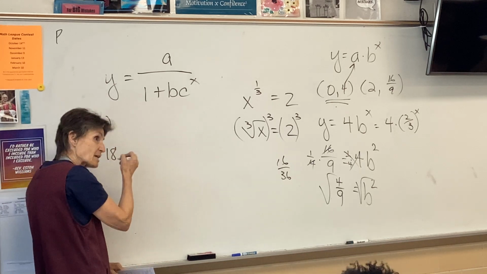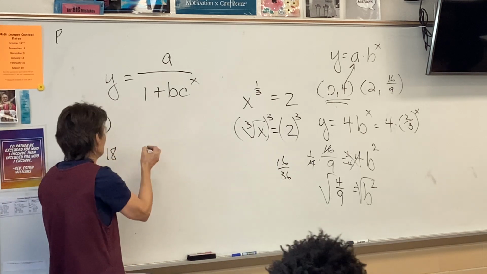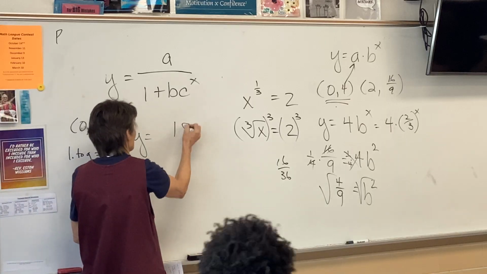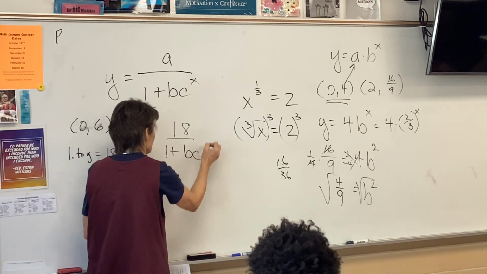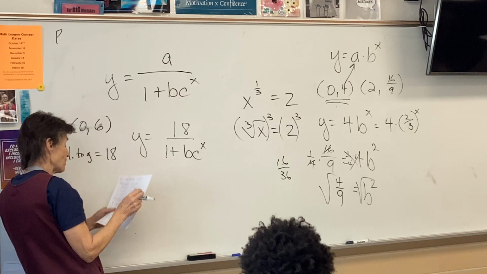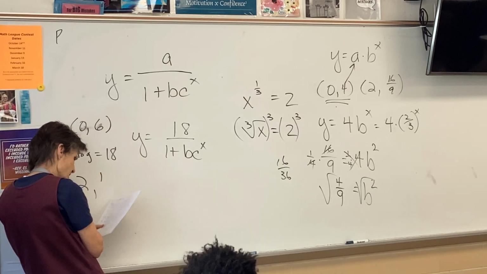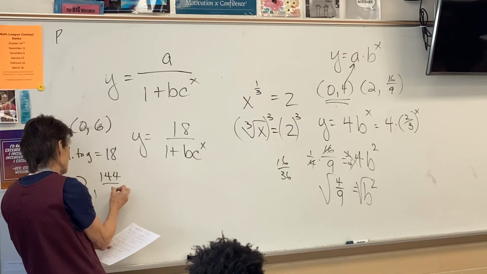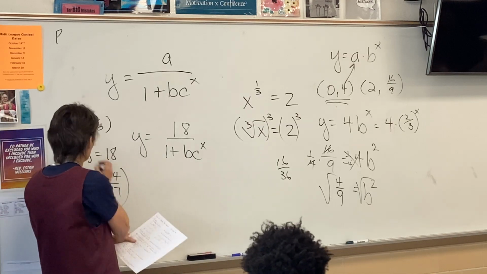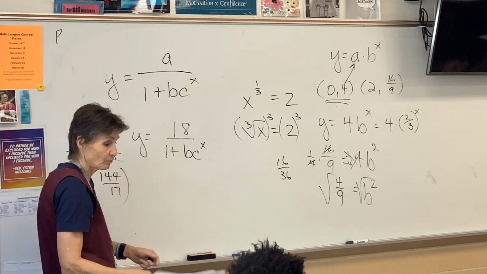Anybody remember where that shows up? That's A. And I have a random point, (2, 144/17). All right, so I took care of my limit to growth first.